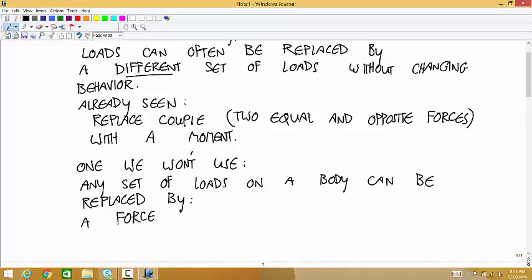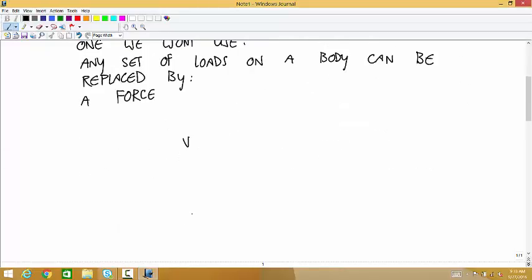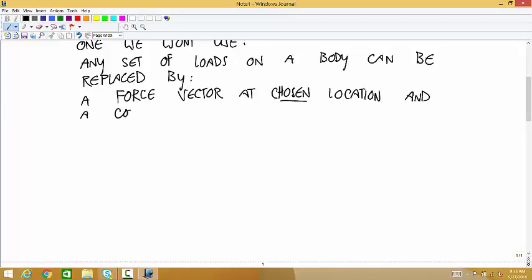Whatever loads, there's a million loads acting on this thing. If the body is a rigid body, you can replace all those loads with a force vector at a chosen position, and a couple. That's a little surprising, and it's kind of cool, but it's not going to be useful for us, so we're not going to talk about that. But if you want to look up a formula for that, it's easy to do.